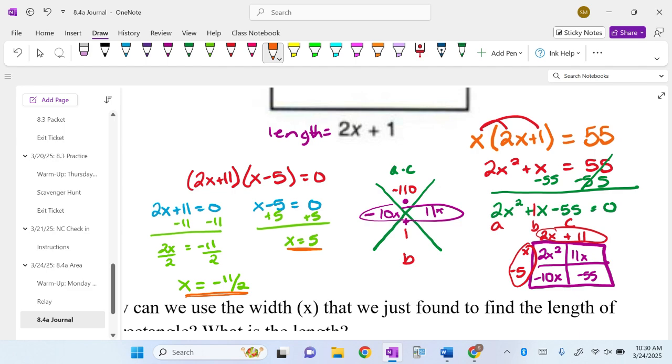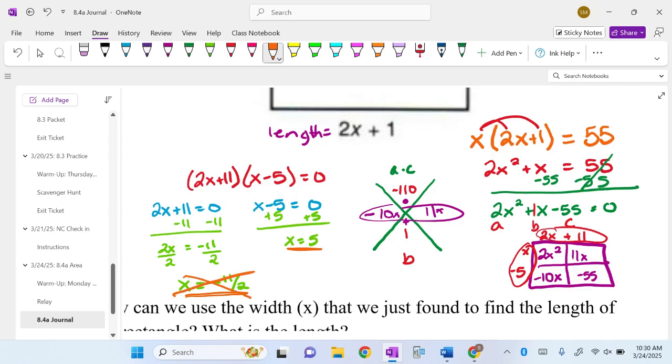Why can we not have a negative width? Think about it logically. In the real world, do you have negative measurements? No. If you look at a ruler, are there negative 11 and a half inches? No. There's no way you can get a negative measurement, so that answer is automatically thrown out.